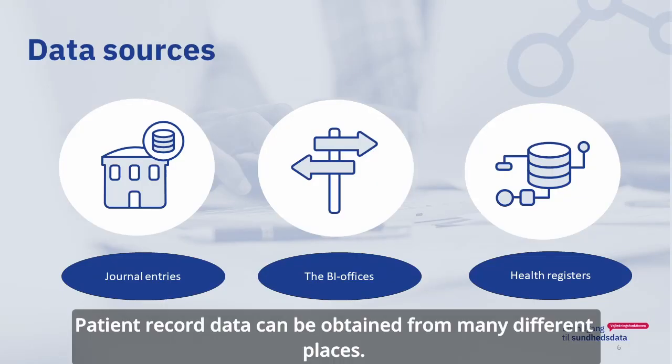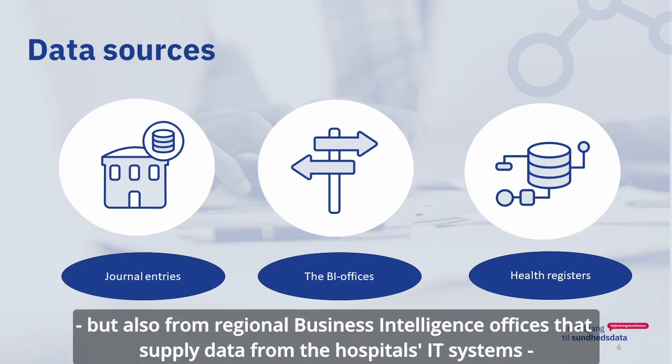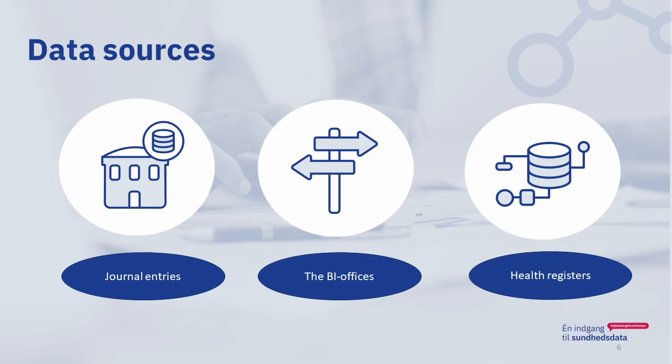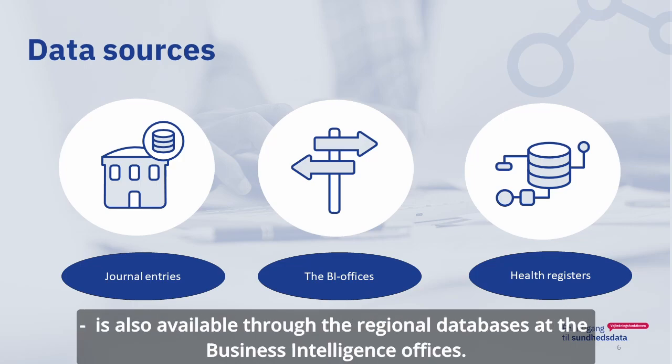Where to access patient record data? Patient record data can be obtained from many different places. It can be obtained from departments and clinics, but also from regional business intelligence offices that supply data from the hospital's IT systems and have several regional databases at their disposal. Much of the health data available through the National Health Registers is also available through the regional databases at the business intelligence offices.